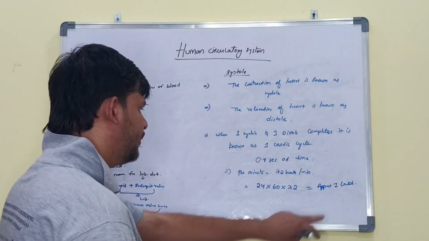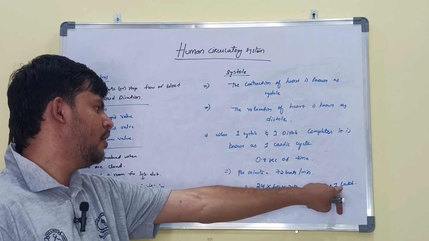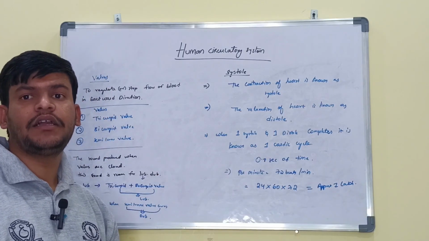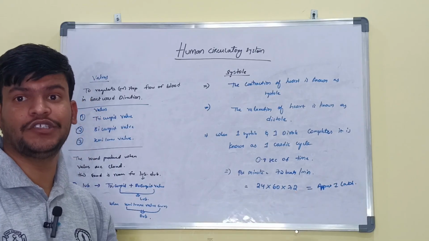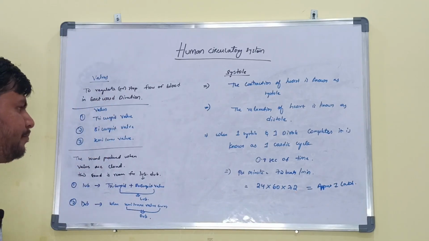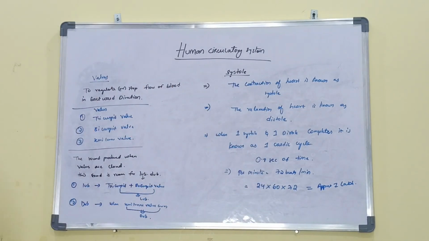Per day, the heart completes 1 lakh cardiac cycles. The value is enormous. You can take a screenshot or make a note.